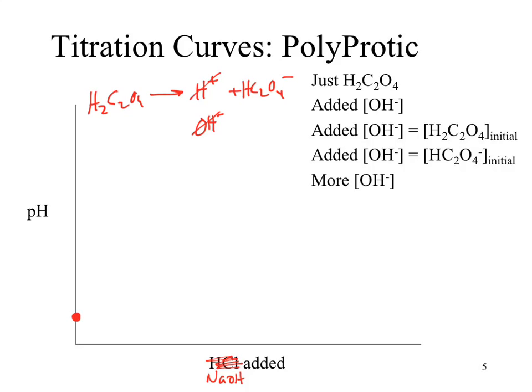To re-achieve equilibrium, a second molecule of our oxalic acid dissociates to form hydrogen ion. So yes, we added base. We would expect our pH to go up, but does it go up by that much? I still see hydrogen ion. Okay, so we're no longer at equilibrium once we've added that. Another molecule of H2C2O4 comes along, makes another H+.